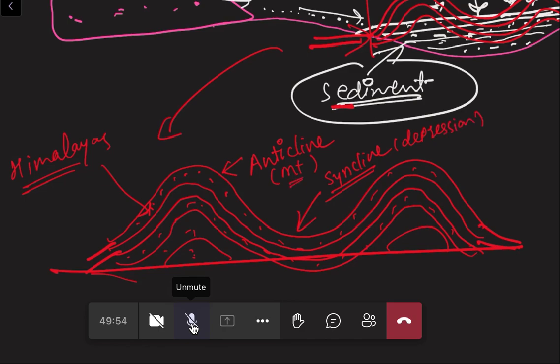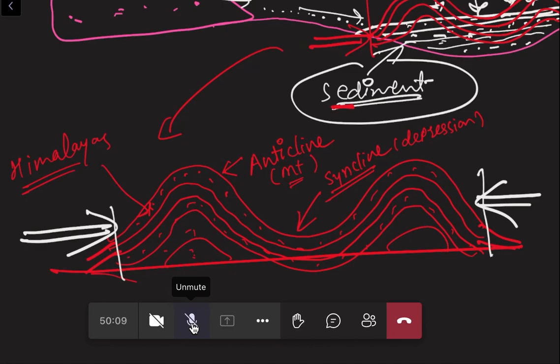Syncline is a depression, and anticline is a mountain-like structure. Always remember the compressive forces: compressive forces lead to the folding of the structure. Then you get fold mountains.